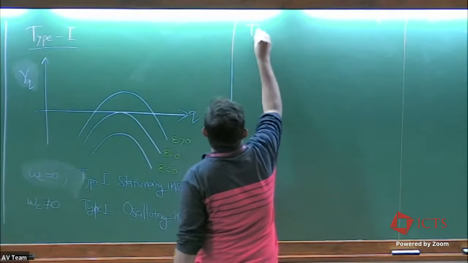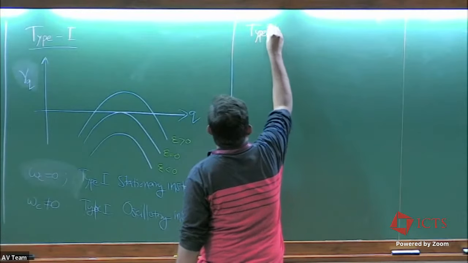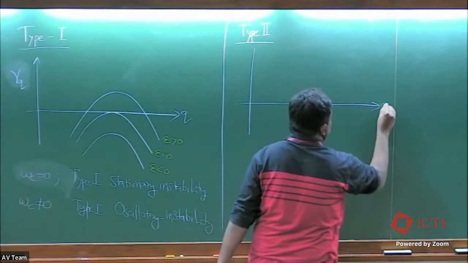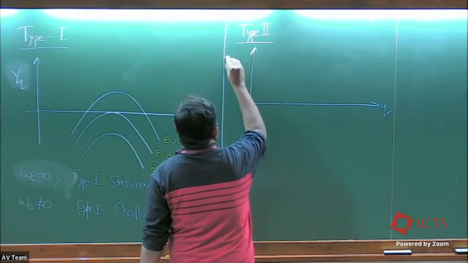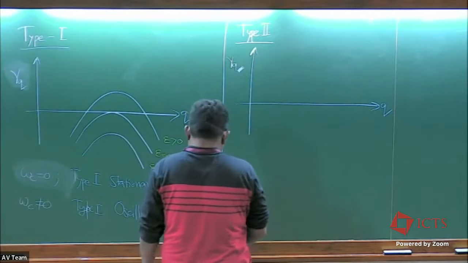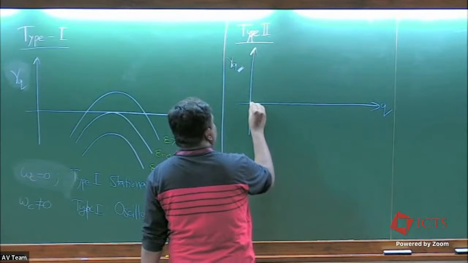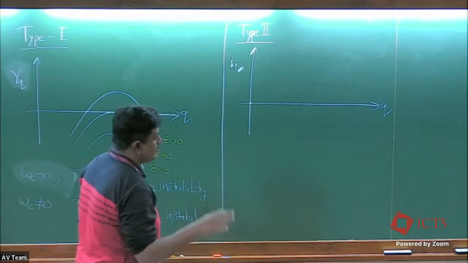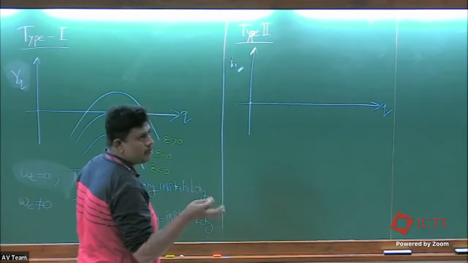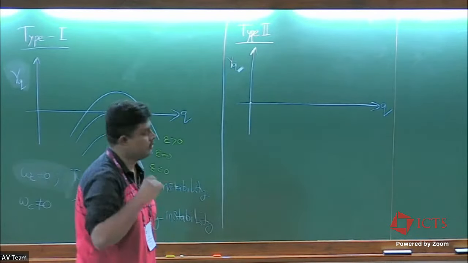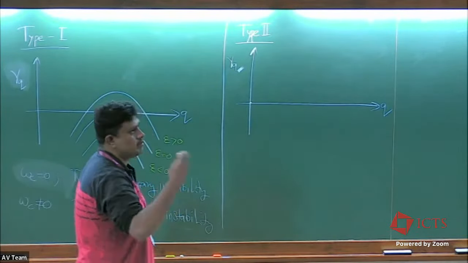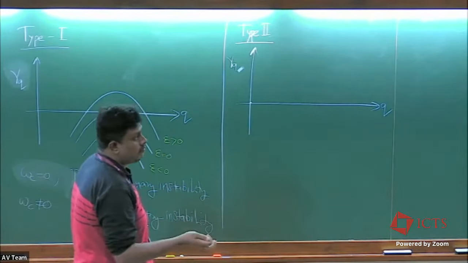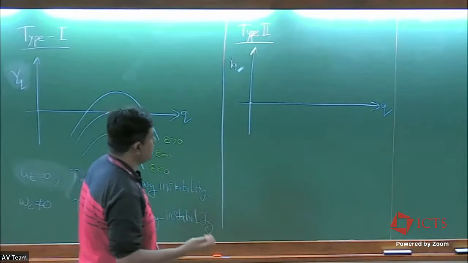Another class of systems is where typically there is some conservation law, and you have the following growth law: the growth rate at Q equal to 0 is always strictly 0. Remember, Q equal to 0 is the homogeneous state. If you have some conservation law which says something cannot go up or down, it has to be strictly 0. Therefore, the Q equal to 0 growth rate must be 0.